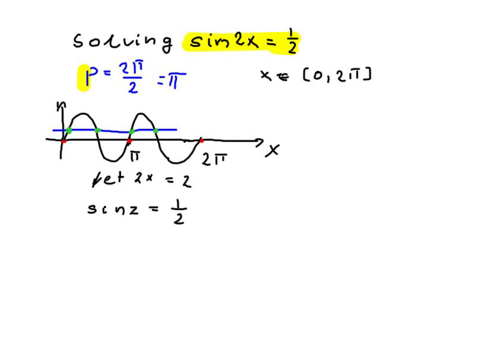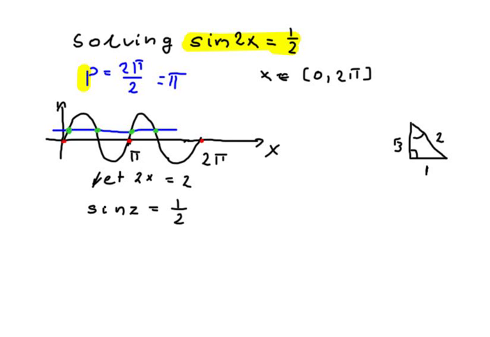And if we don't remember, there's always a way of recalling the special angle triangle where you can quickly identify the sine ratio. Let's say if this side is 1, this side will be root 3, and the hypotenuse is 2.